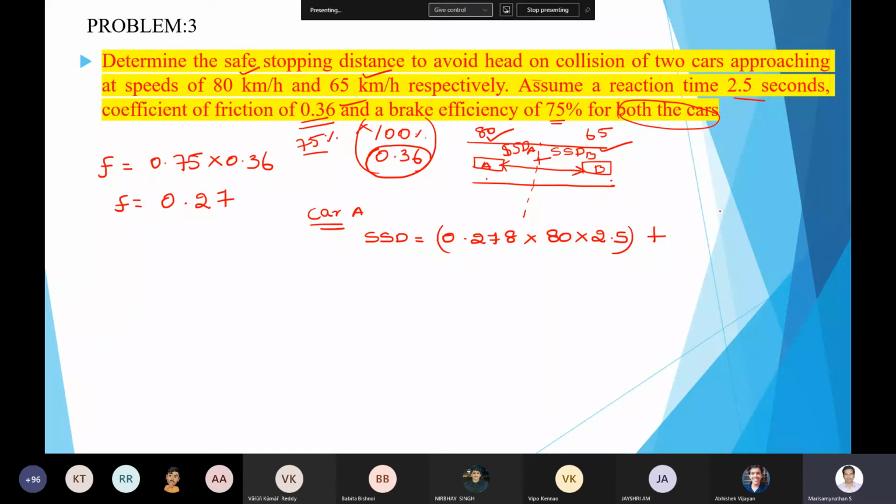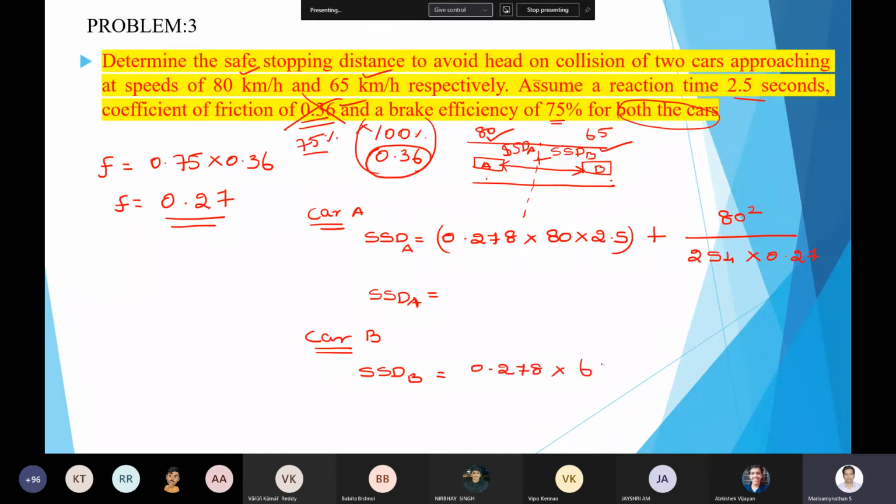Then the braking distance, V squared, 80 squared divided by 254 into the coefficient of friction, not 0.36, so you have to apply 0.27. So you come to know the stopping sight distance for vehicle A. At the same time, estimate the value for car B. SST for car B, you just change the speed: 0.278 into 65.